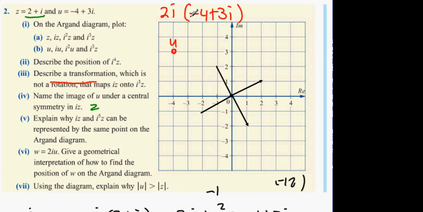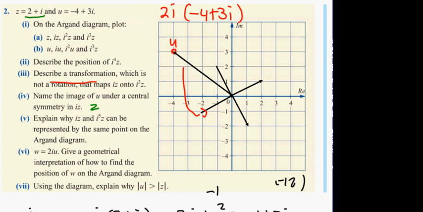And then if we multiply it out, the i is going to cause what type of rotation, guys? What's i going to do? i is going to cause a 90 degree rotation. The 2 is going to make it twice as long.